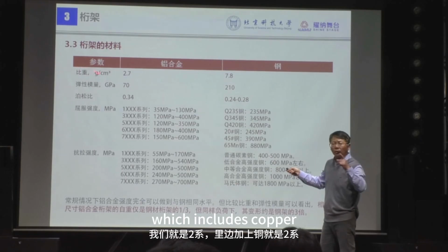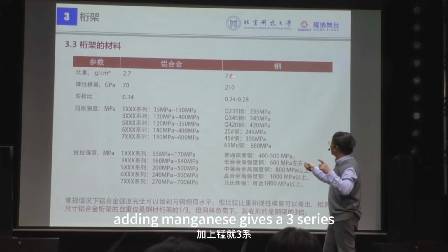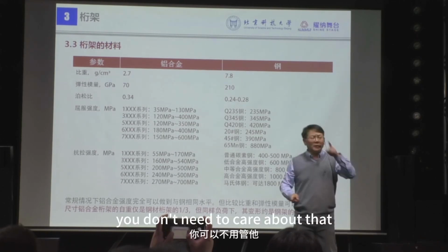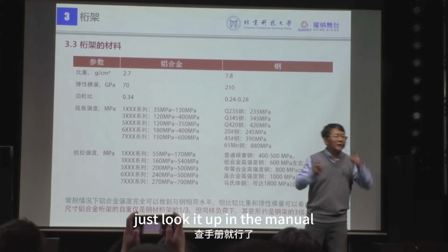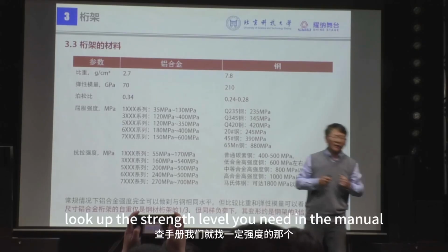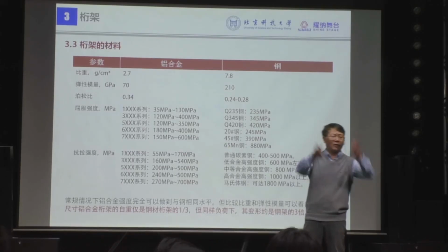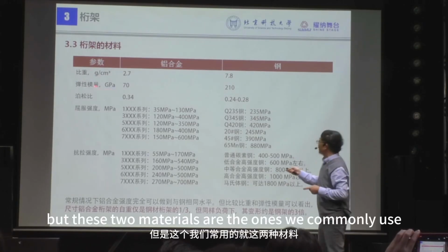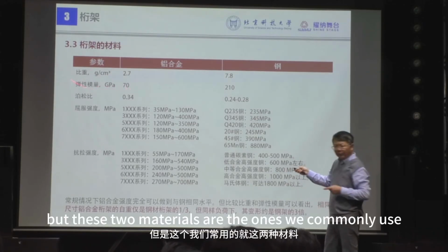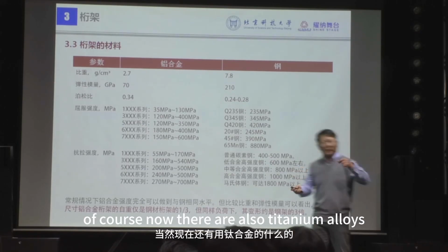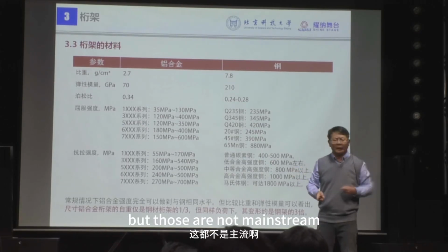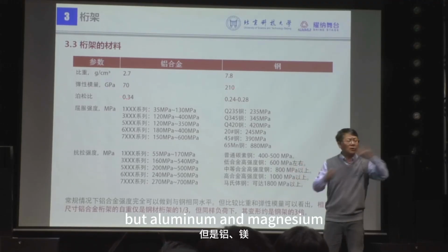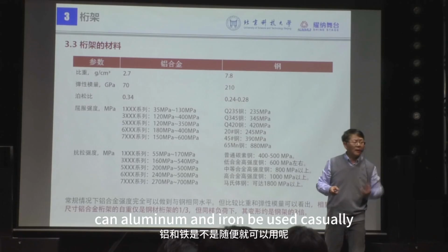Adding manganese gives the 3000 series, adding silicon gives the 4000 series, etc. You don't need to care about that. Just look up the strength level you need in the manual. Aluminum's strength range can be very wide, but these two materials are the ones we commonly use. Of course, now there are also titanium alloys, but those are not mainstream. That's too expensive.